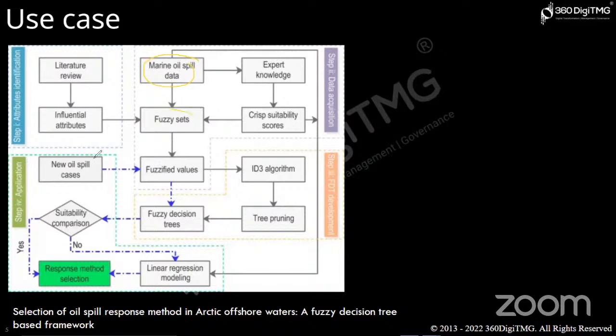In the same way, if I take new oil spill cases, I am going to get the data, and based on that I am going to build a regression model. I can build a decision tree where I take all these values, and based on that I look into the data. So in different cases, we are going to use the decision tree model.